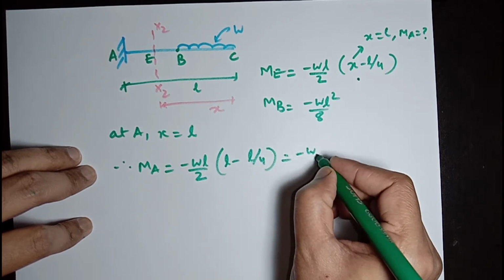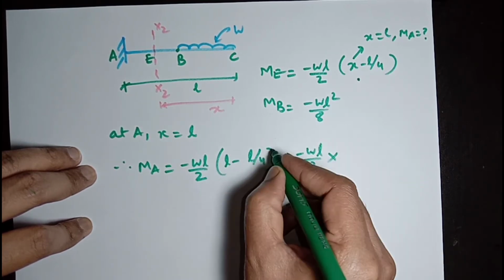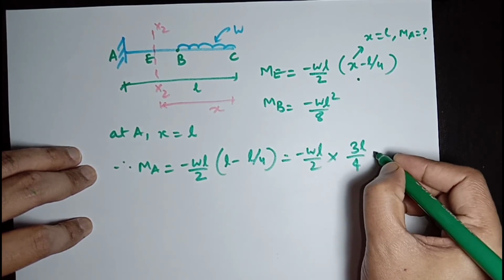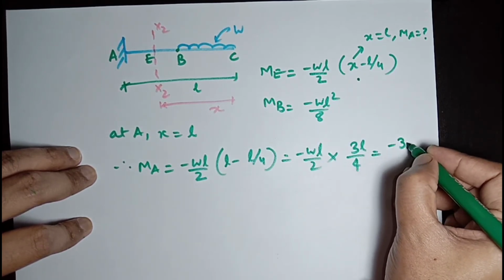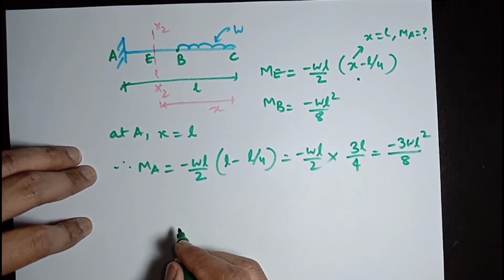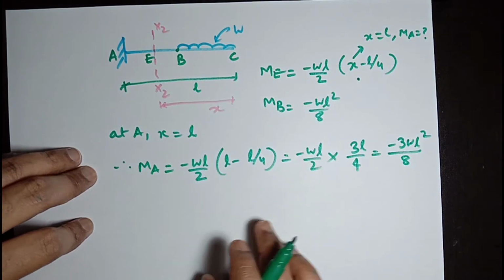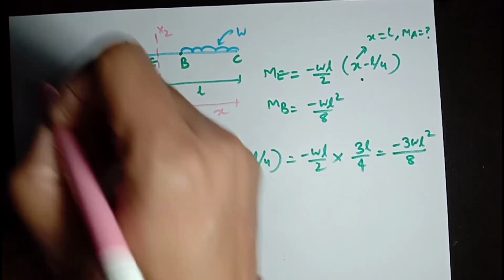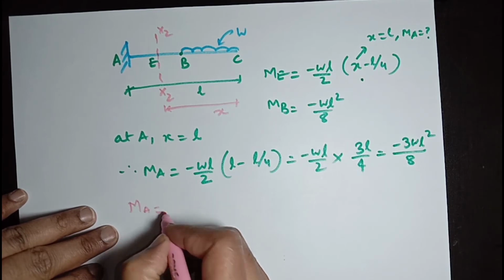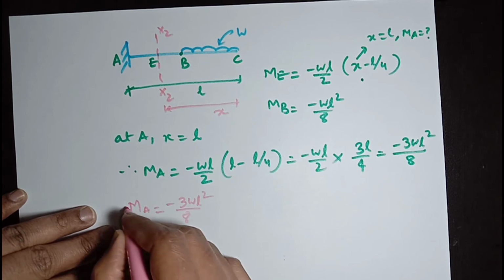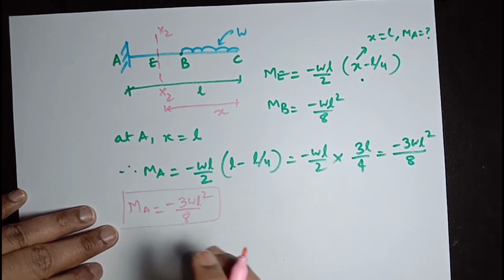Here it will be minus WL by 2, 4 minus 1, it will be 3L divided by 4. It will be minus 3WL square divided by 8. So bending moment at A will be minus 3WL square by 8. So you can say MA is equal to minus 3WL square divided by 8. This is the bending moment at A.